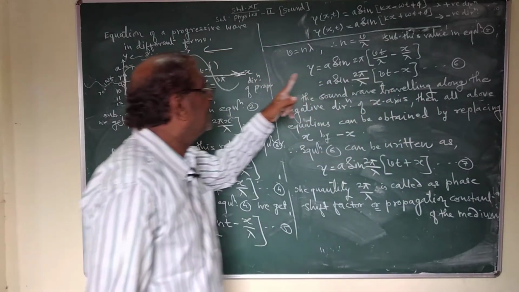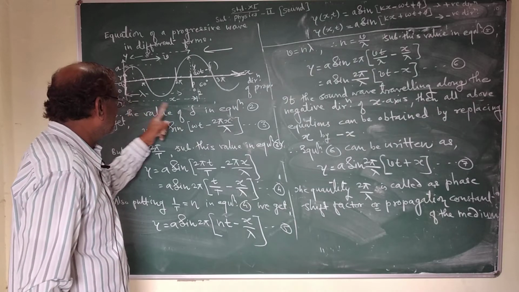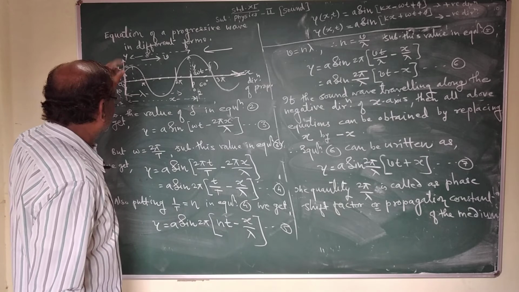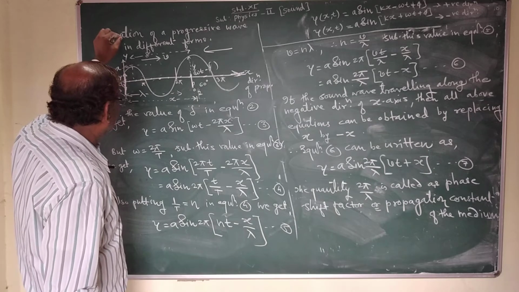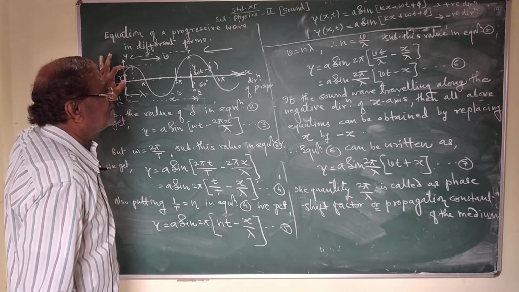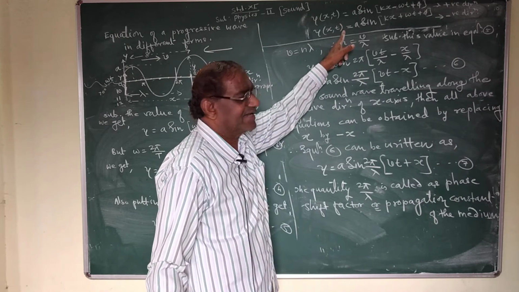Distance we measure by x. This is the displacement, the displacement of the particle. y is the symbol used for displacement of the particle, a function of distance and time.